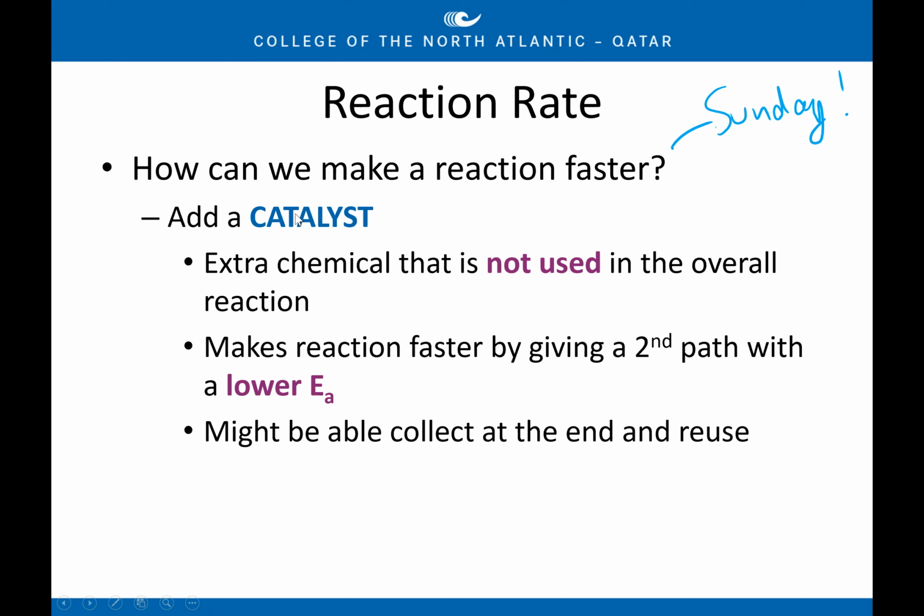What is a catalyst? A catalyst is a chemical that helps a reaction happen faster. The way that a catalyst works is it lowers the energy you need to make a reaction happen. It's like a chemical shortcut.